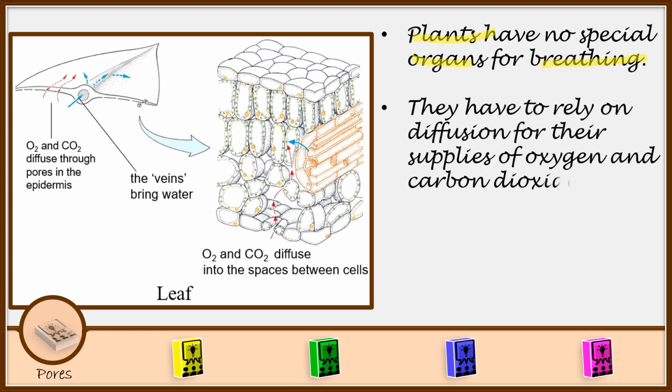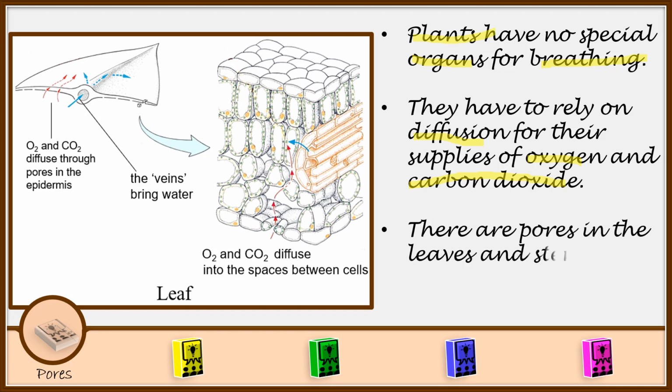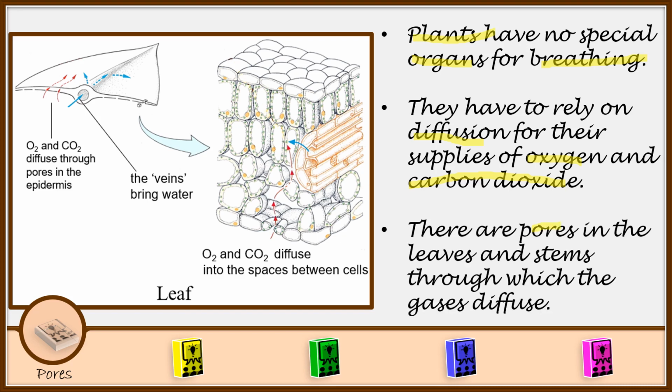They have to rely on diffusion for their supply of oxygen and carbon dioxide, because they don't have facilities for gaseous exchange or breathing. There are pores in the leaves and the stems through which gases diffuse.